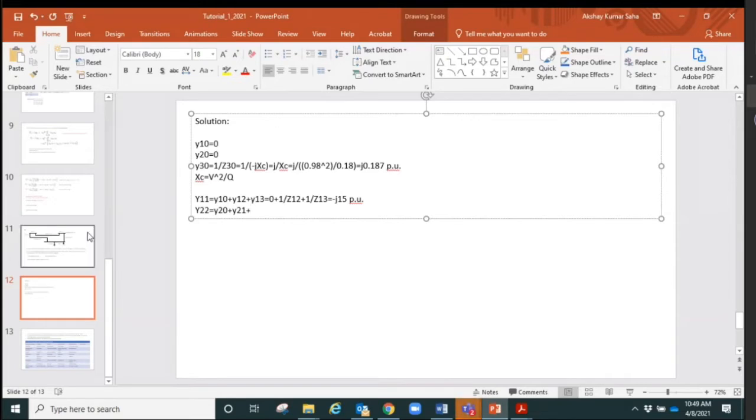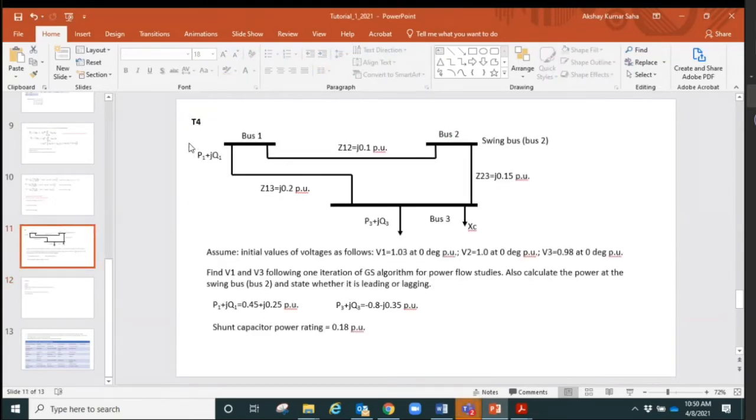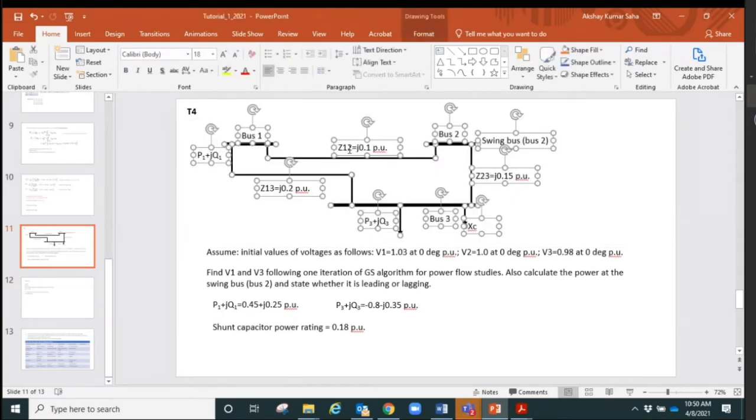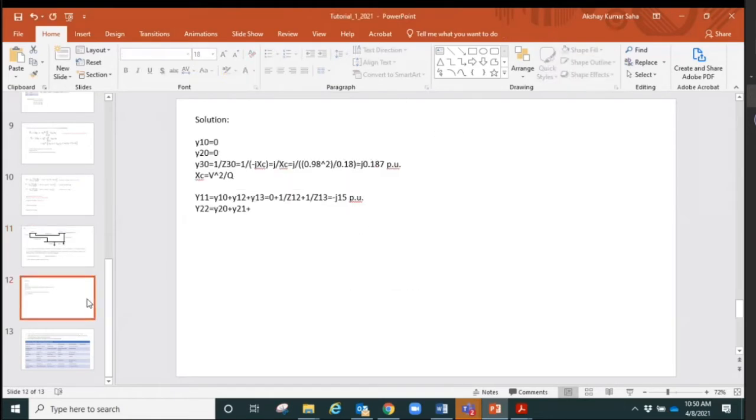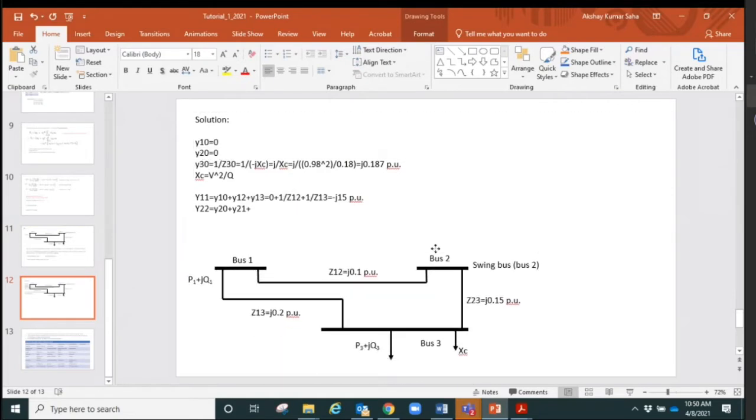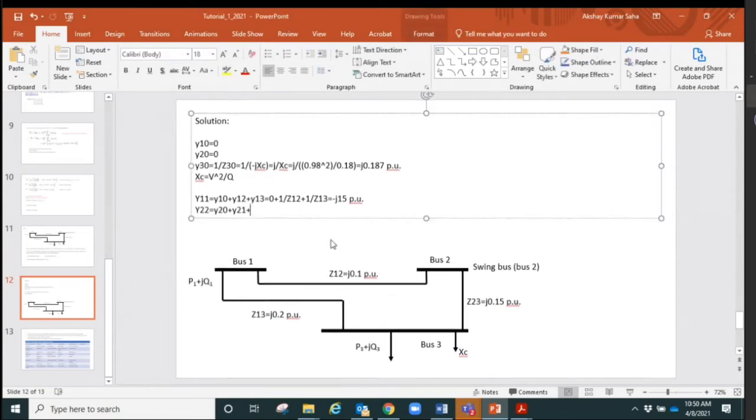Okay, let me just put this diagram here so that you can see it. 2 1 and also y23. Now we'll do the same thing.